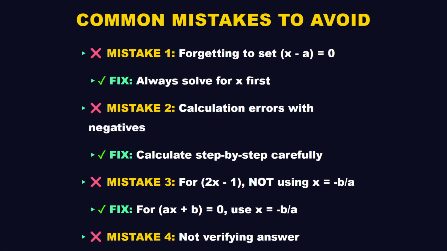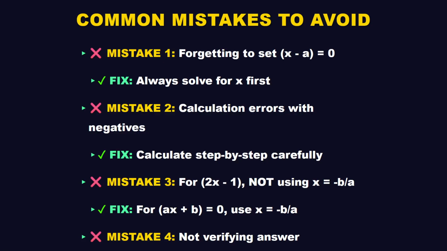Now, there are some common mistakes that students make. They forget to set x minus a to 0. You should always first set x minus a to 0 and find the value of x. That will be my a value that I have to substitute in the polynomial. Calculation errors with negatives. Whenever there is a negative sign, there is always a possibility of making a mistake.